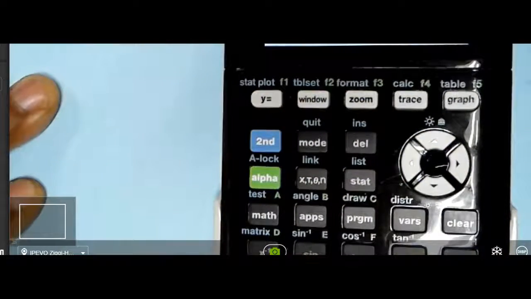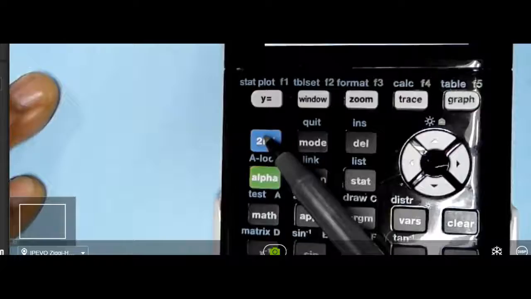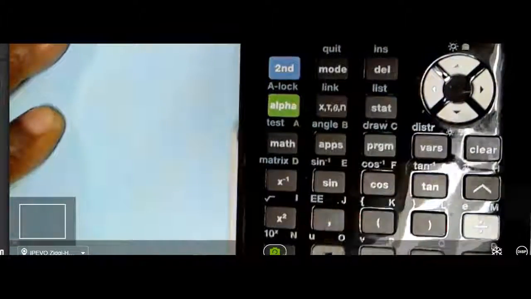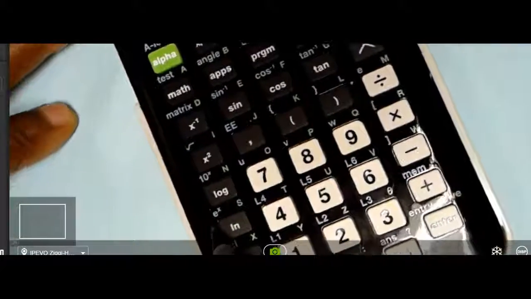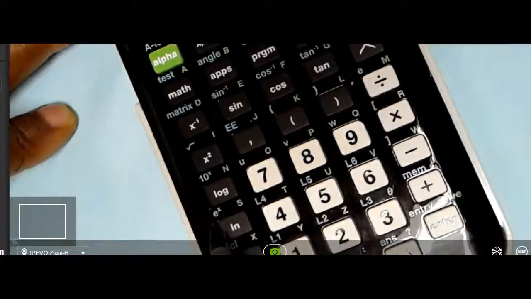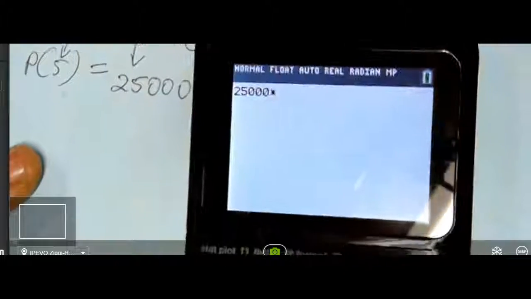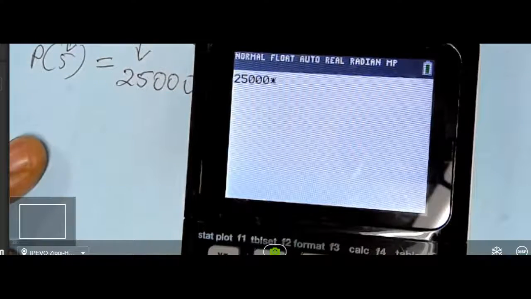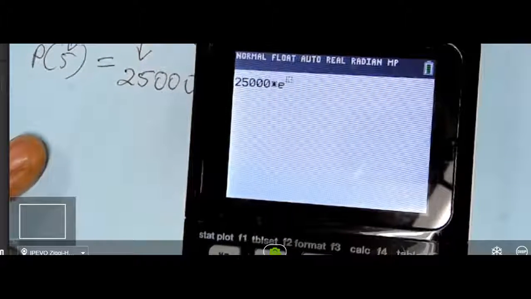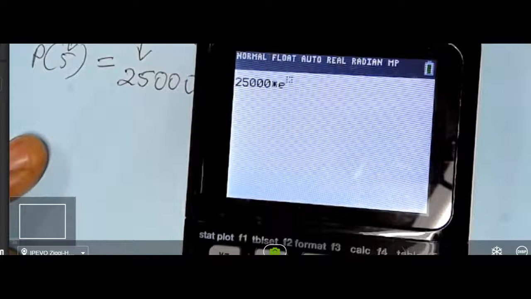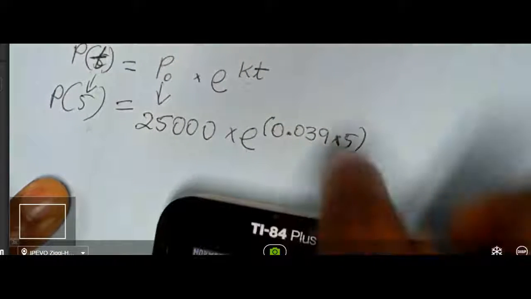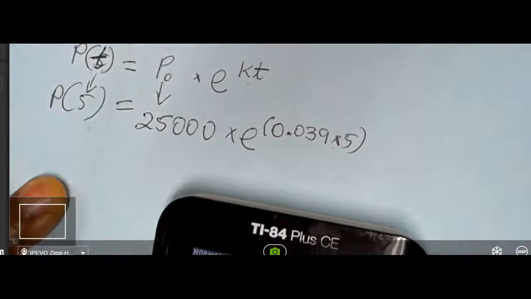The natural exponent is right here: for mine it is second e, you see the second e, because the natural log is on top of it. So you press second natural log, that gives you the e. Again, I'll put parentheses because I have two things there, so that I can multiply them.